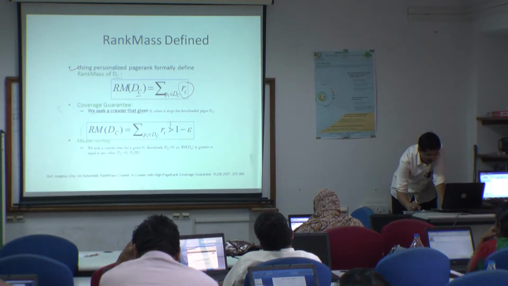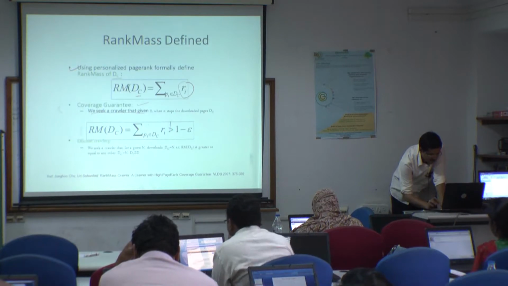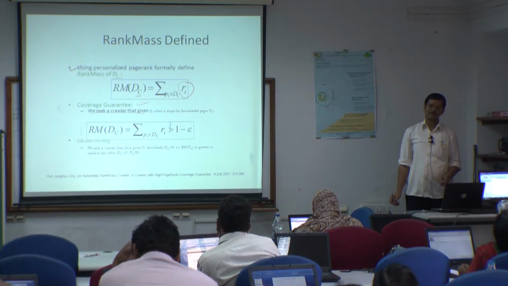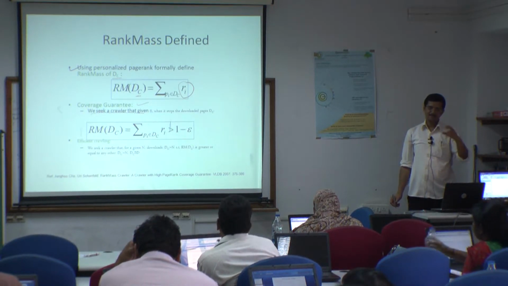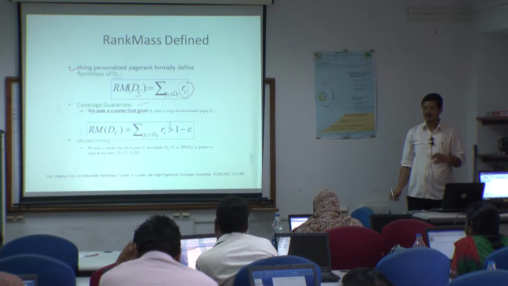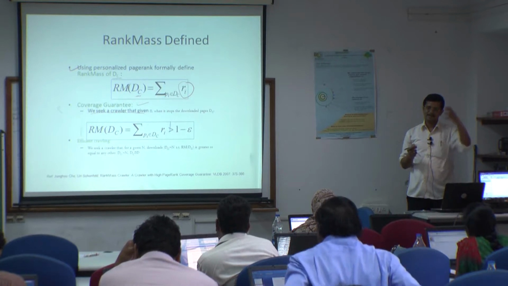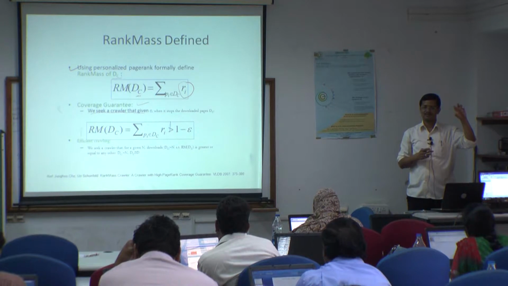Now the coverage guarantee of this part is that we seek a crawler that, given, okay, the proof is not here. The rank mass of any web page, instead of calculating the entire PageRank, calculates the lowest possible limit of the PageRank of any web page, and tries to capture higher values with respect to that lower limit.